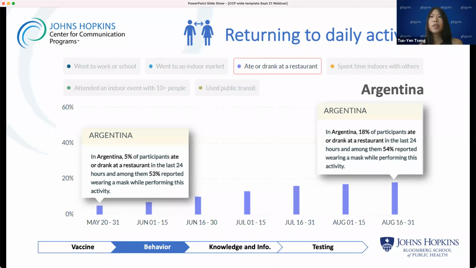That percentage increased to 18% in late August. On the other hand, the percentage reporting wearing a mask while in a restaurant remained similar, around 53 to 54%. Next slide.